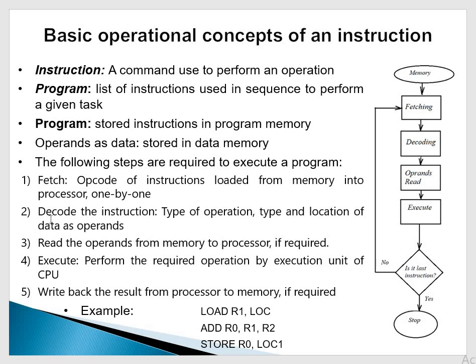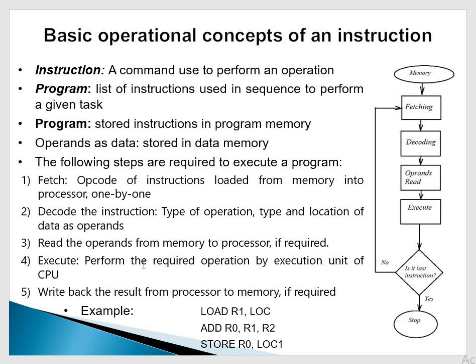So after the decoding, the role of the processor is to read the operands. Whatever the location is, the processor reads the operands from that location. Then execute. So what is the execution? Execution is the process of performing the required operation, and this operation is performed by the execution unit of the CPU.